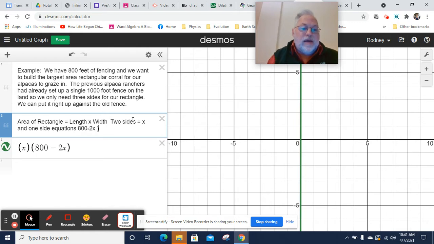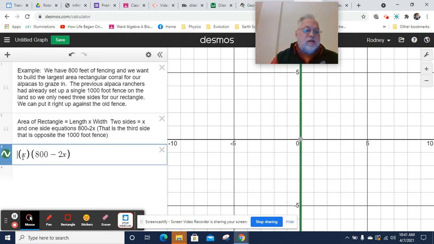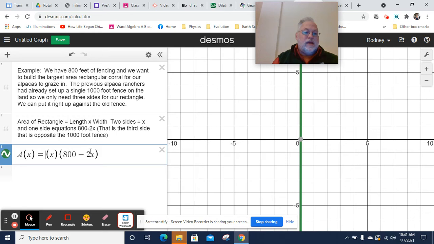That's the one opposite the 1,000-foot fence. So we've got an equation. I'm going to call this function A in terms of length x. Let's go ahead and start graphing this.